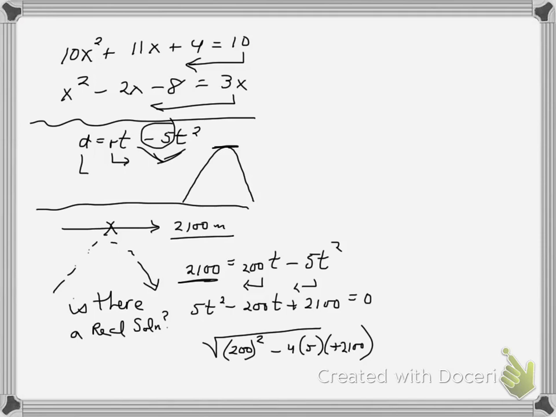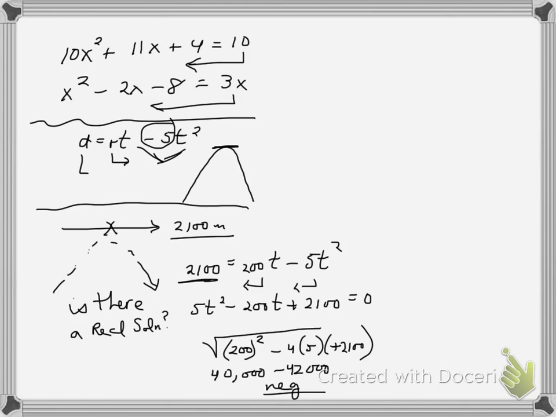Sorry, I had a little bit of a sign problem there. 200 squared would be 40,000. Minus 20 times 2,100 would be 42,000. And of course, that's going to give me a negative number.